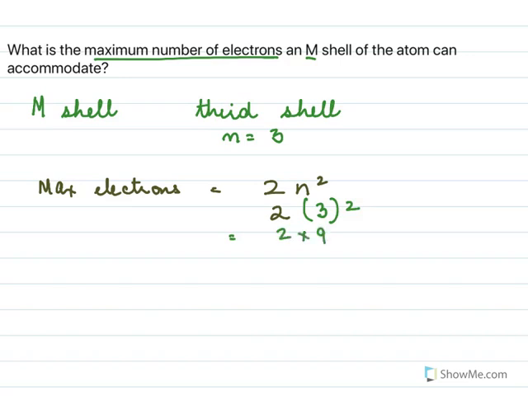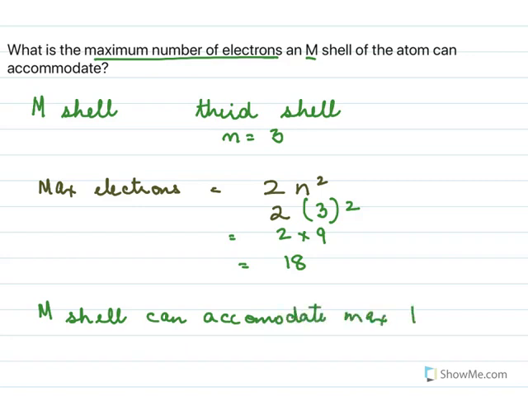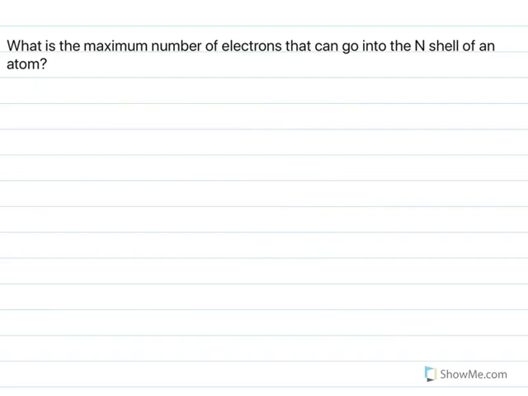So 2 into 9, 18 electrons. So M shell can accommodate maximum 18 electrons. However, it does not accommodate 18 electrons. It accommodates 8 electrons and it is stable. But the maximum it can accommodate is 18.